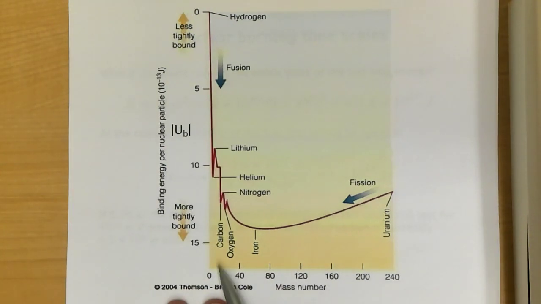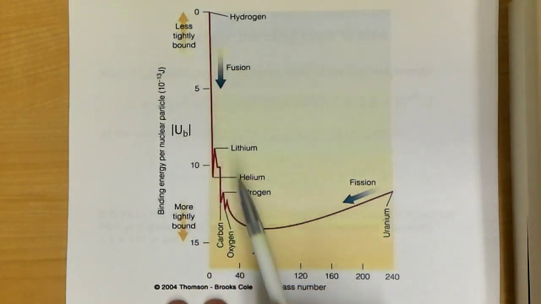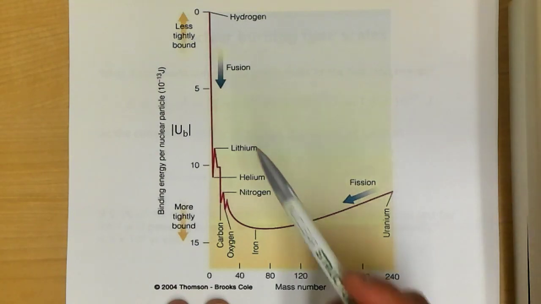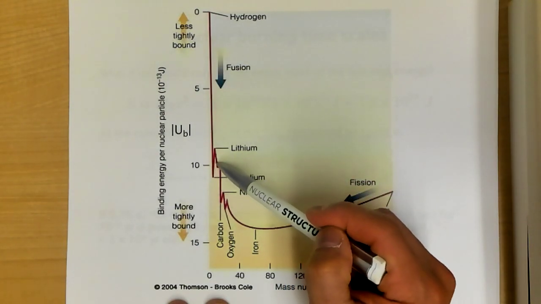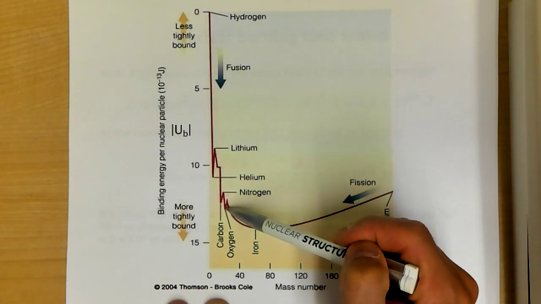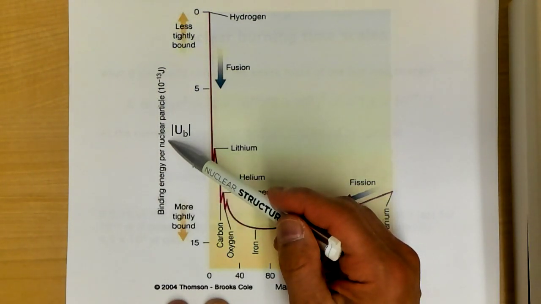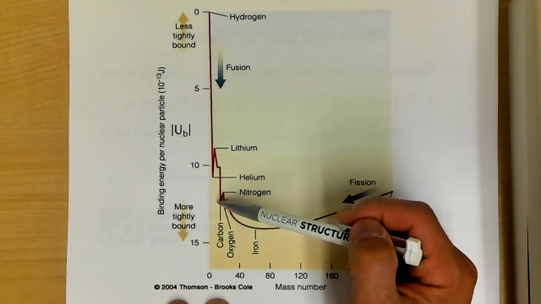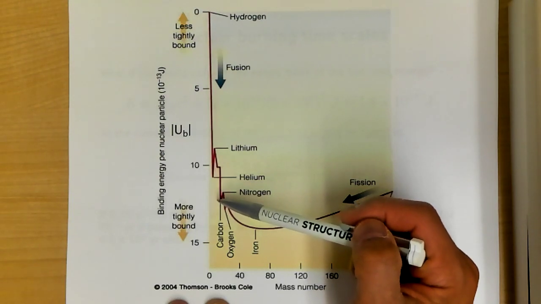This is the binding energy per nuclear particle versus the mass number. And so you can think about fusion as taking 2 smaller nuclei, putting them together to form a larger nucleus, which will have more binding per particle, and so therefore there will be a release of energy. That's nuclear fusion, and that's what happens inside of stars.